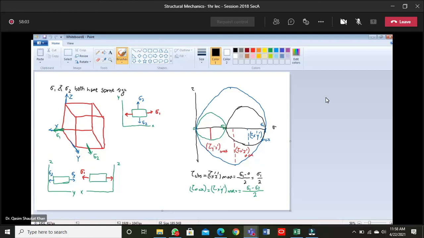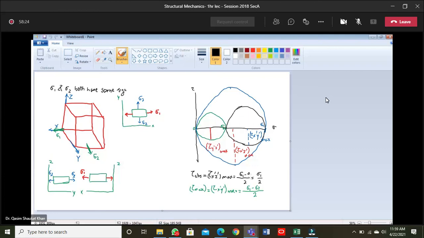That is, I have to draw the third Mohr circle, which is x and y. So I will connect sigma 2 to sigma 1. So our absolute maximum shear stress in this case will be this one, tau x' z' maximum, which just includes sigma 1.